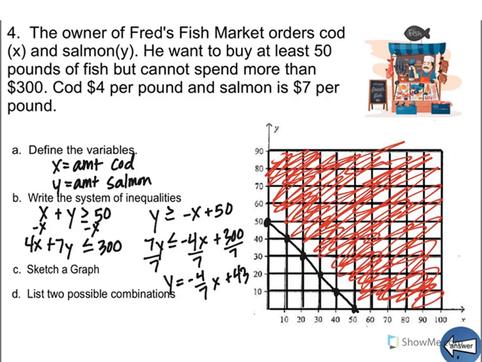So I'd start at 43. And this says go down 4 and right 7, which would be the same thing as going down 4 and right 7. So it's 1, 2, 3, 4. Right 7: 1, 2, 3, 4, 5, 6, 7. So you put a point there.